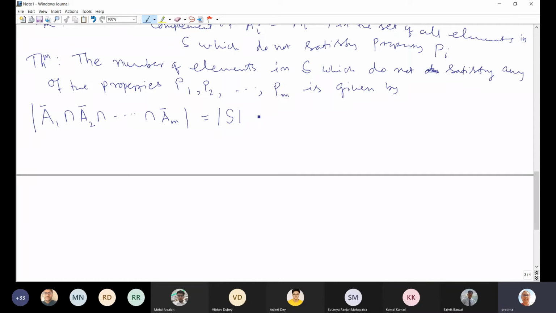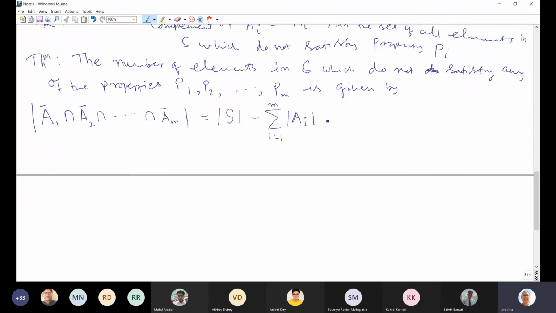So cardinality of S minus the summation of cardinality of Ai, where i is from 1 to m.